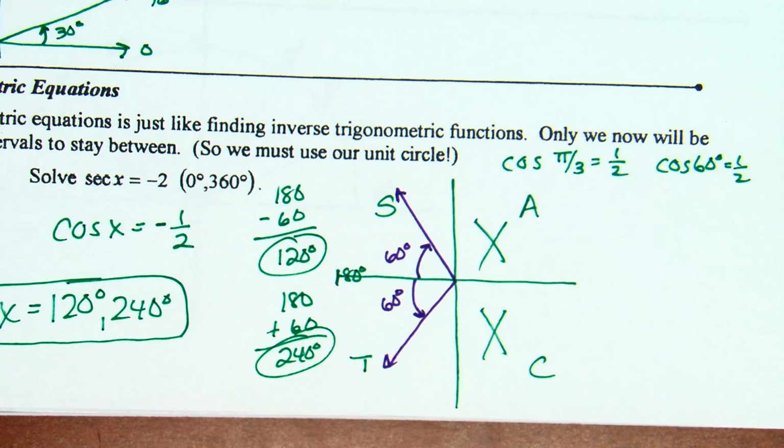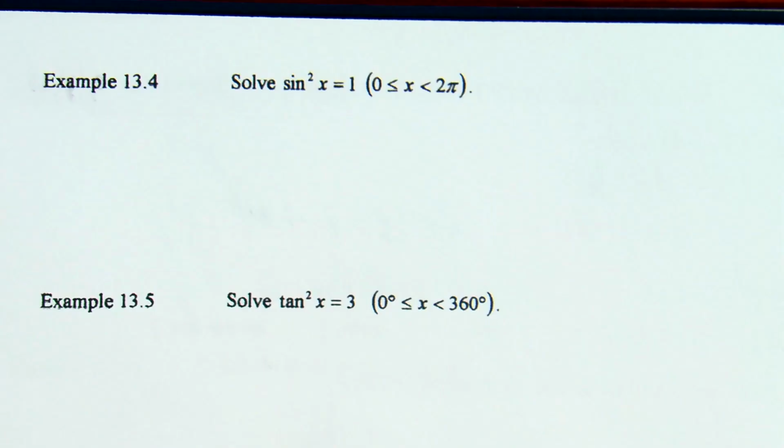Questions on that? Have you made enough notes to help you remember? If so, I'm ready to go to example 4 on the back. Don't worry, we're going to get some more practice on the back here.